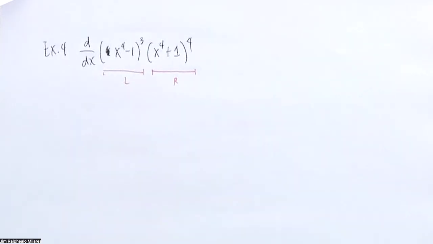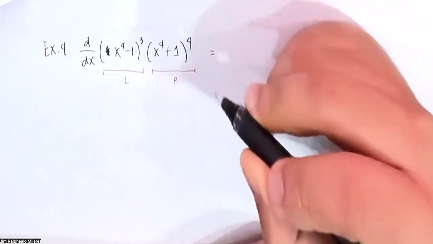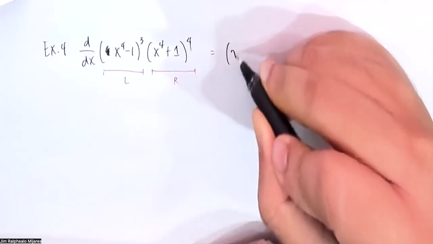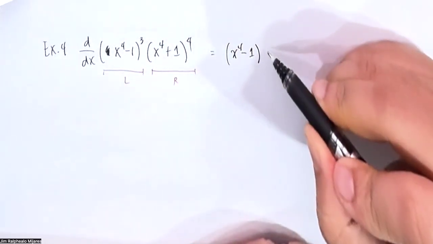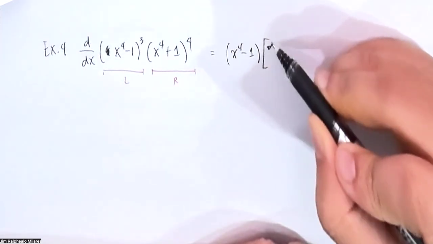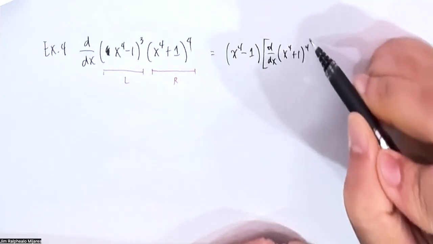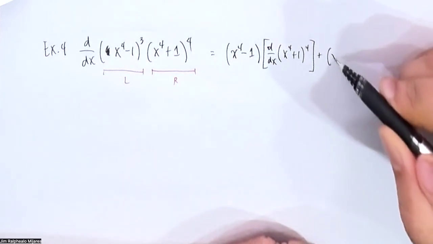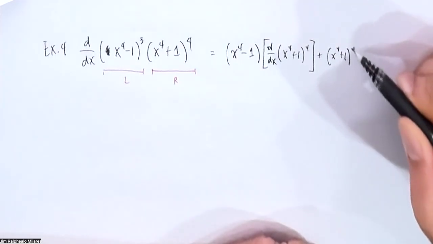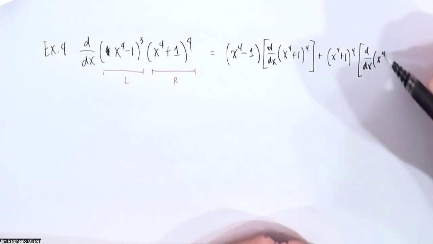Well, what we do is left d right, left d right. So the derivative of (x^4 + 1)^4, plus right, (x^4 + 1)^4, d left.